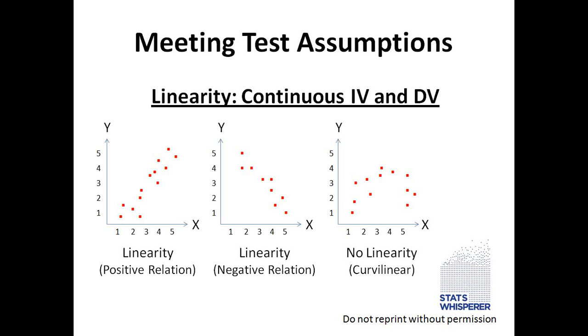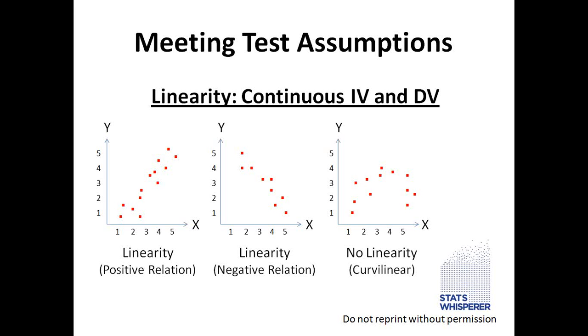So here's our issue. For example, the third one has a curvilinear relationship. That means in the beginning, 1 and 1 meet, 2 and 2 meet, 3 and 3 meet, but after you get past 3 and 3, the relationship starts going down.